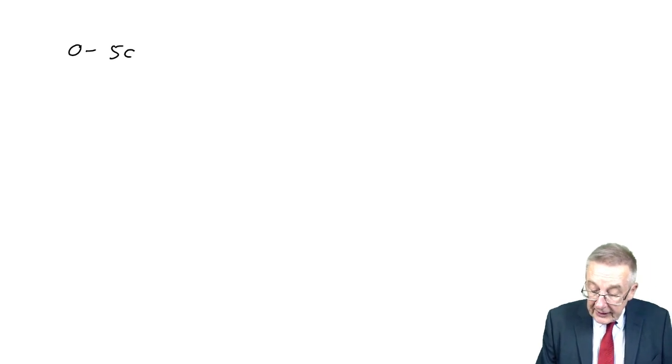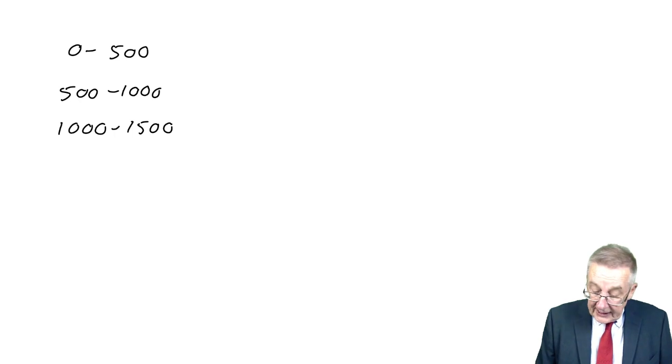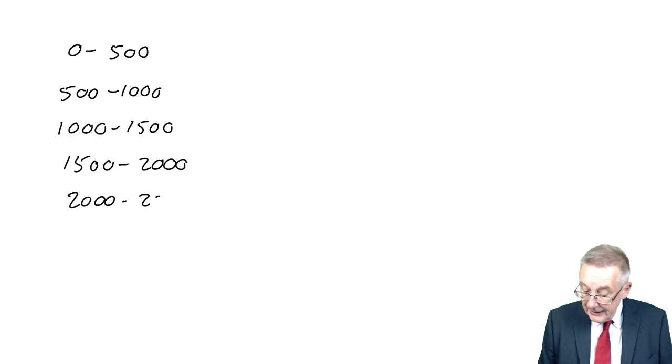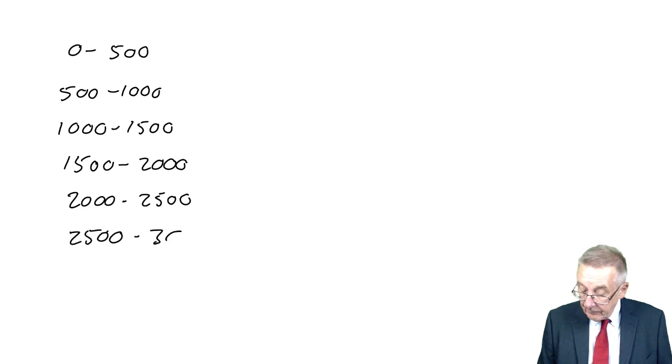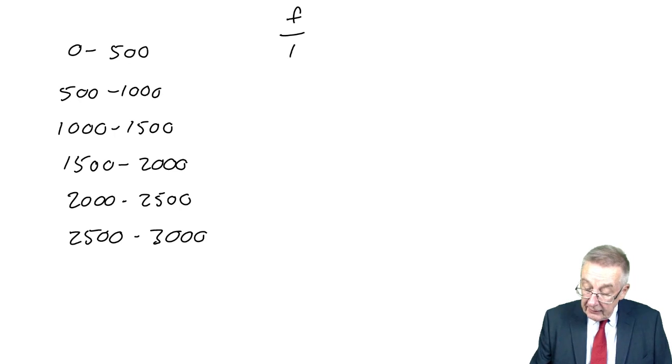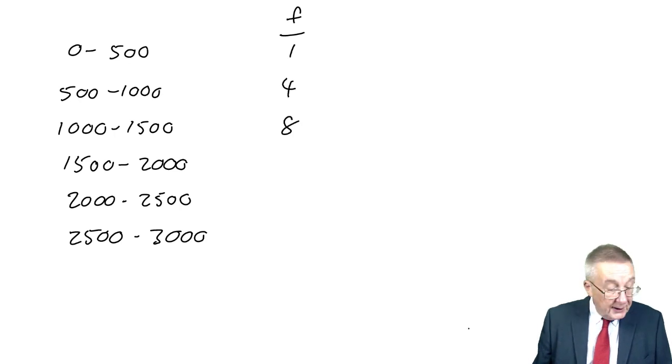It was 0 to 500, 500 to 1,000, 1,000 to 1,500, 1,500 to 2,000, 2,000 to 2,500, 2,500 to 3,000. And the frequency of the observations, 1, 4, 8, 19, 14, 6.